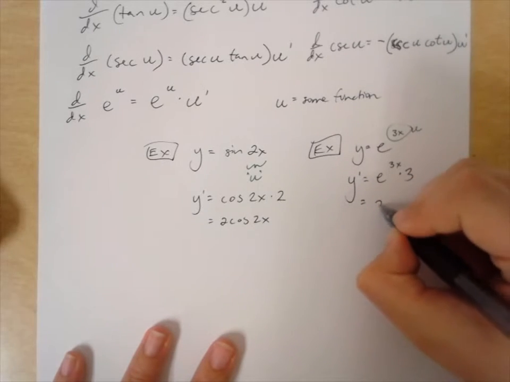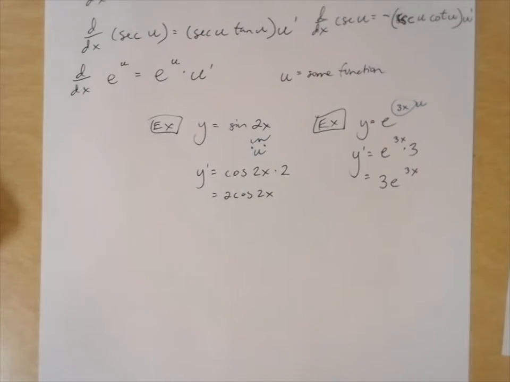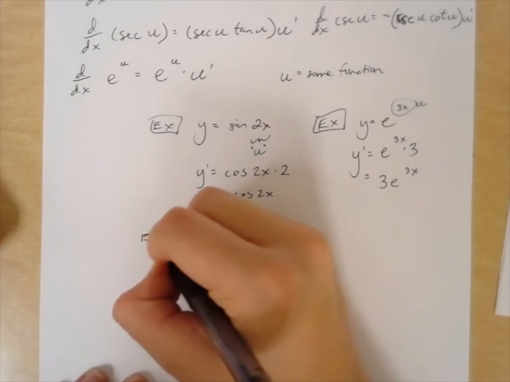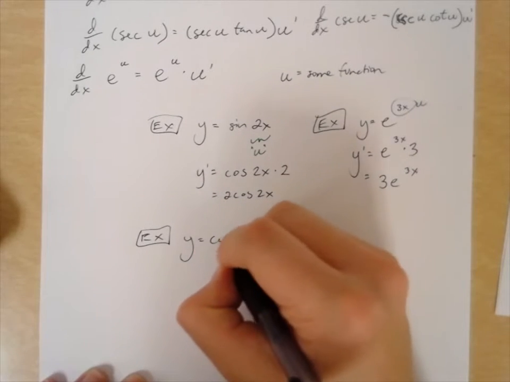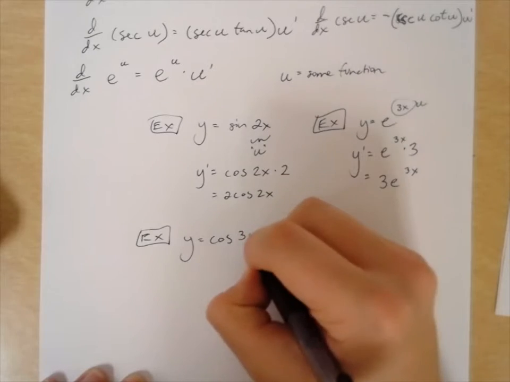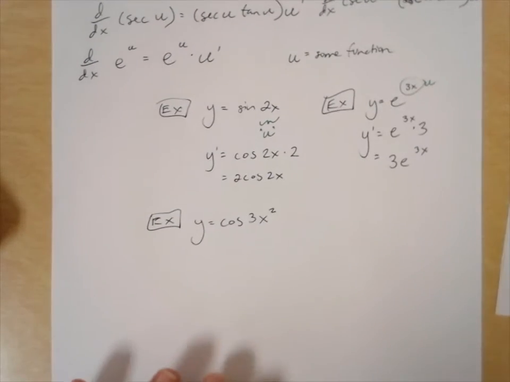And then we get 3 e to the 3x as our answer. Last one. So if we have y equals cosine of 3x squared, here is a good way to rewrite this.